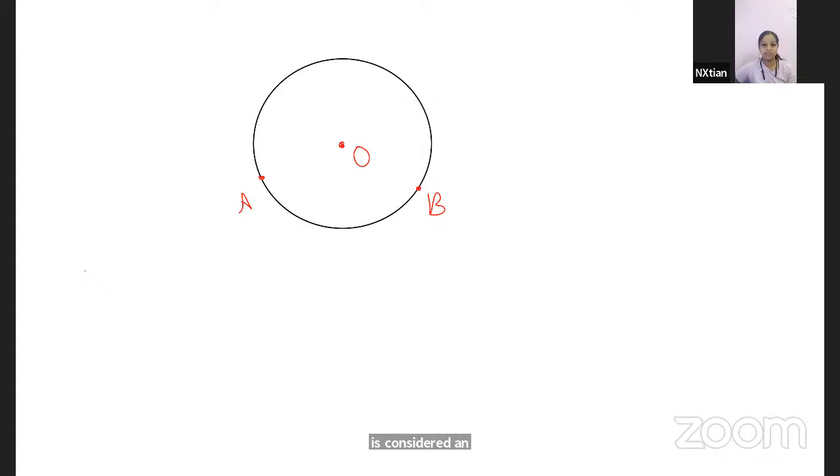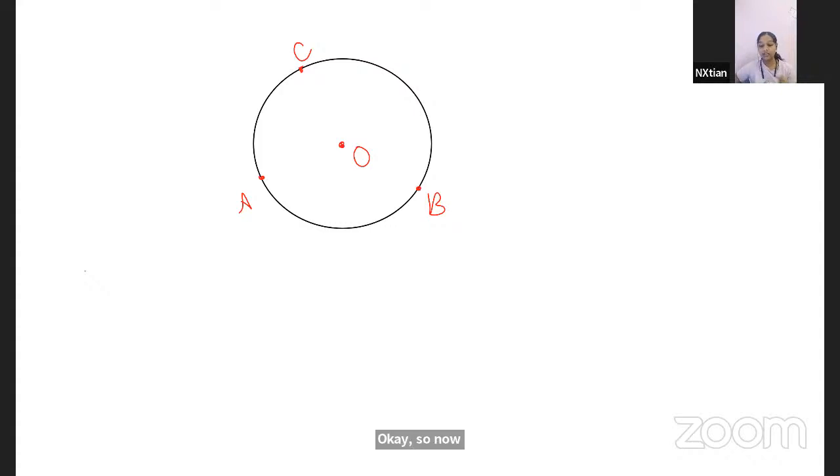This is known as an arc, which is a part of a circumference. Any part of the circumference of any circle is known as an arc. Suppose I mark another point here, C. So now AC is also an arc.